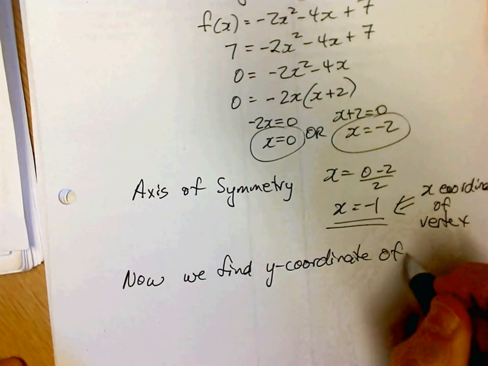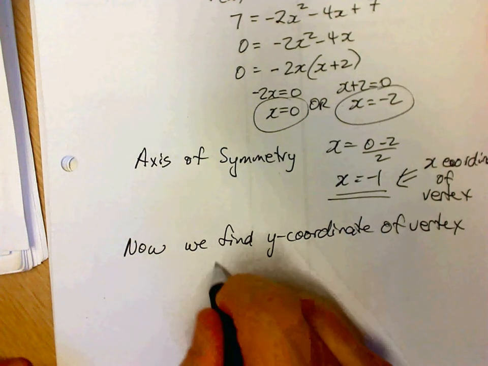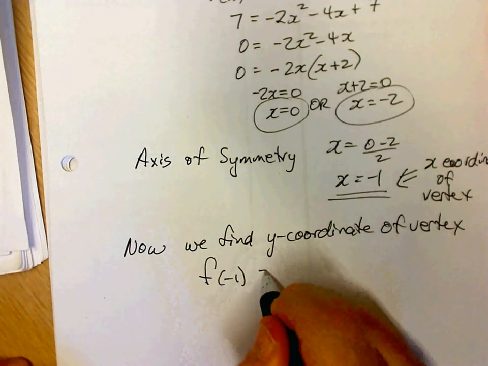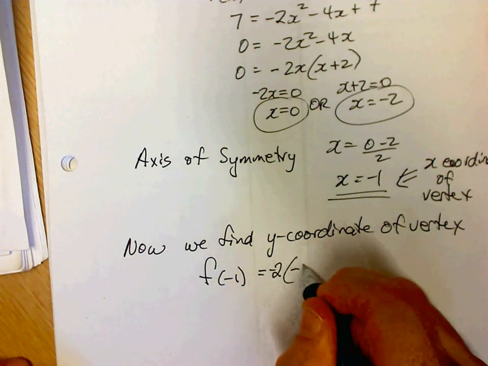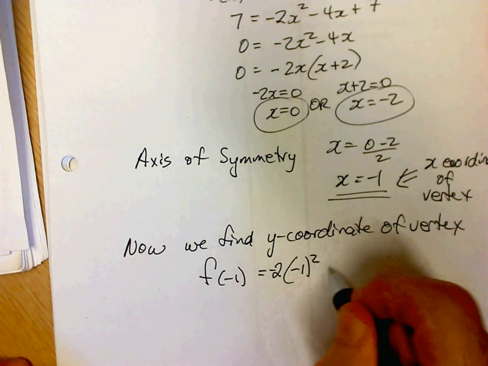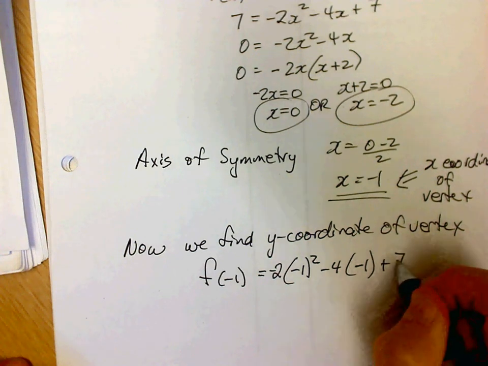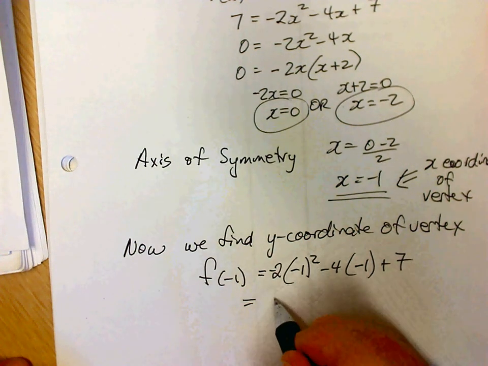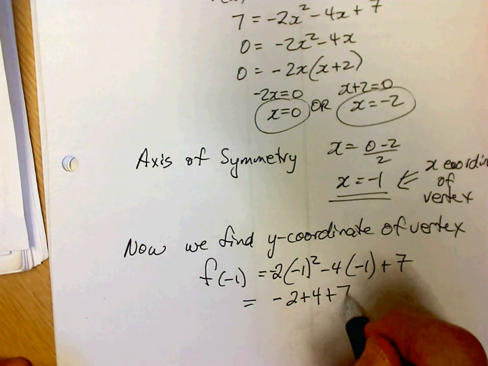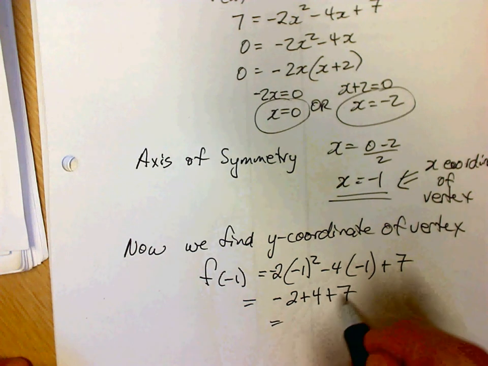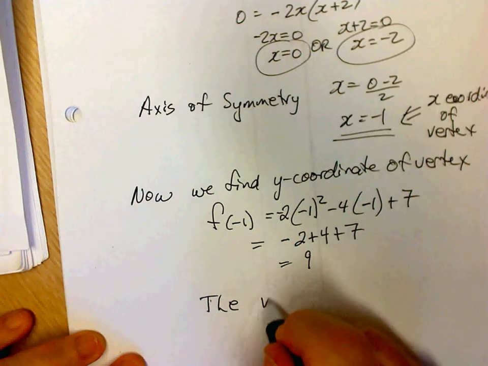So f of minus 1 equals negative 2 times minus 1 squared minus 4 times minus 1 plus 7. So that's going to be negative 2 plus 4 plus 7. That's 2 plus 7 is 9. The vertex is negative 1, 9.